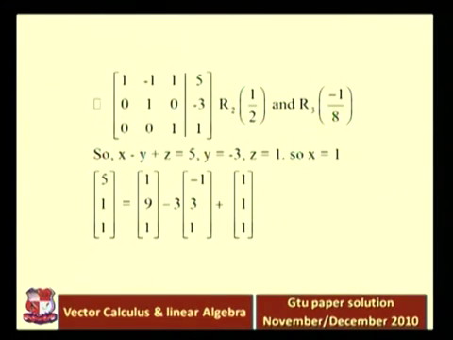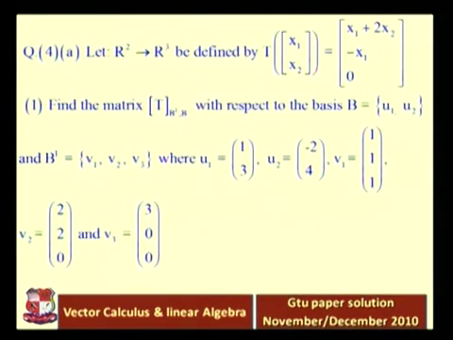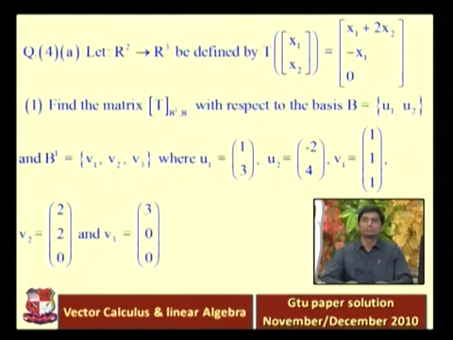Okay, so next question. Question 4a. Let T from R2 to R3 be defined by T of x1 x2 is equal to x1 plus 2x2, minus x1, 0.